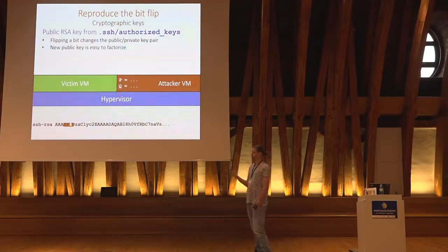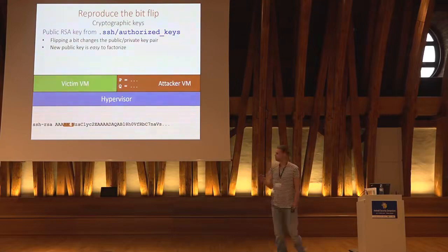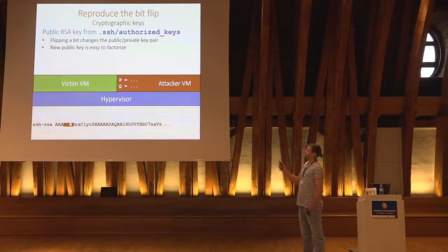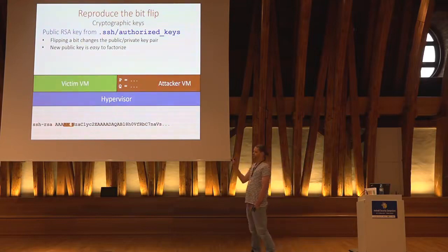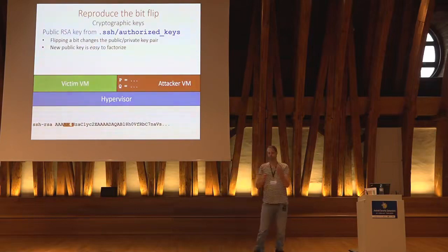There are crypto people here who know more about this, but basically RSA works because you're working with two very big prime numbers, P and Q, and you multiply these.